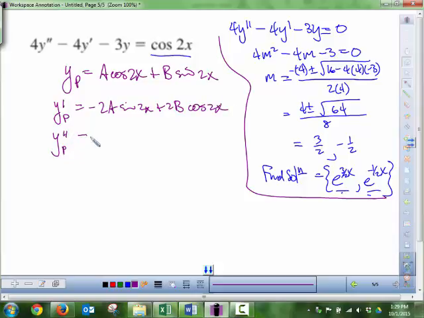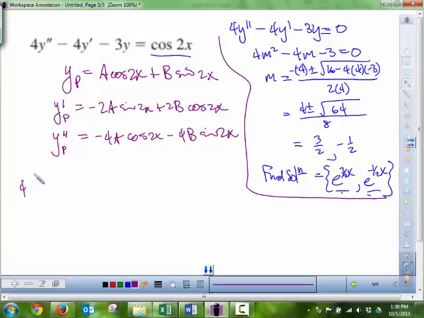Second derivative, negative 4a cosine 2x minus 4b sine 2x. Painfully put it into the differential equation and then tediously work it out. Too many adverbs around.